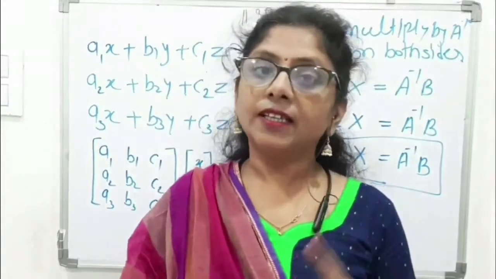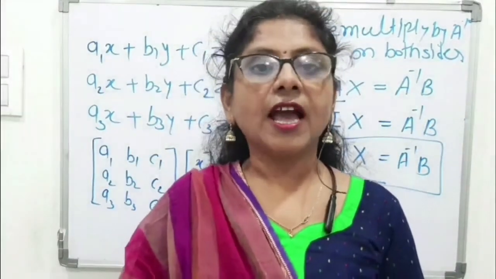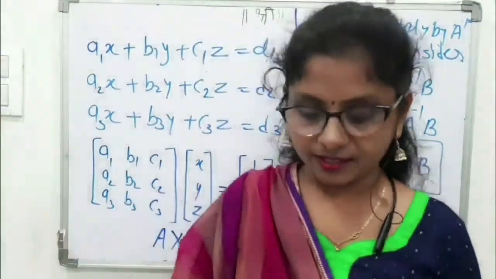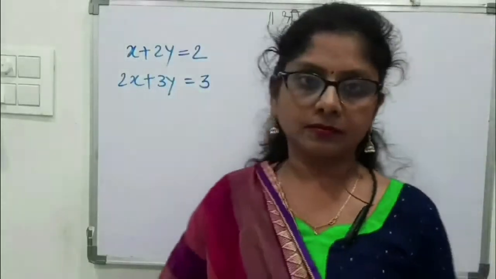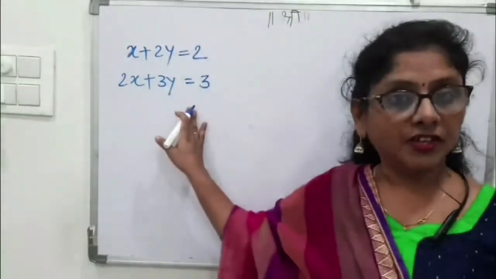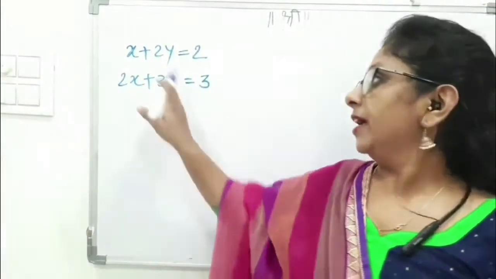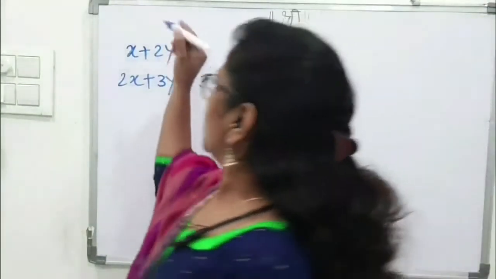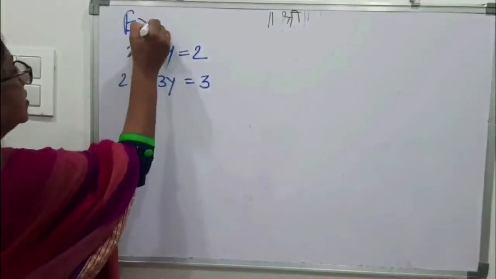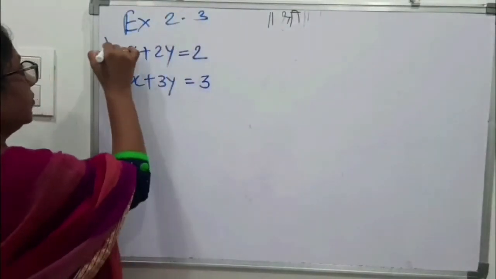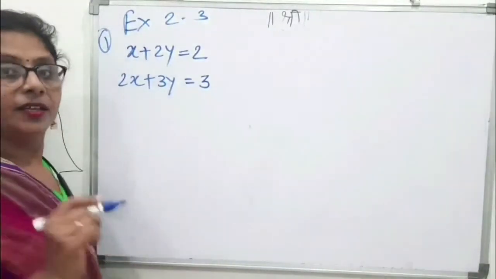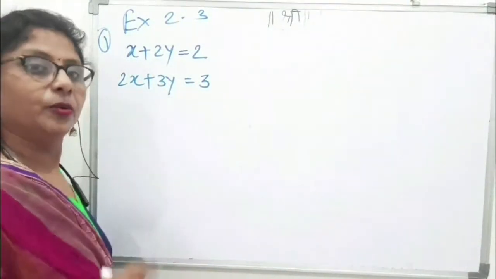First we will take the system of linear equations having two variables. This is the first pair of linear equations in two variables, x and y, which is exercise 2.3 and the first example by the new syllabus in your new book.